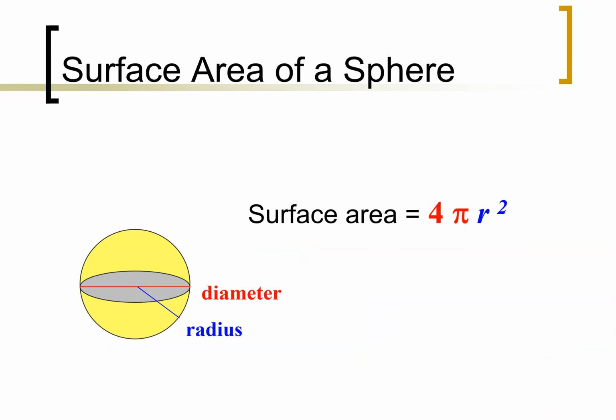The surface area for a sphere is 4 pi r squared. Can't really break it down too much like we did the other one. This is the radius in here.